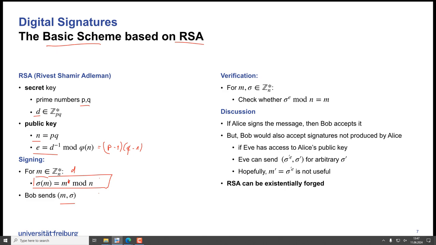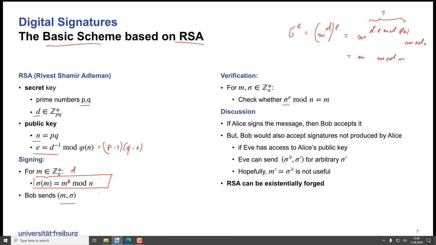For verification we compute sigma to the e, and sigma to the e is the message to the d to the power of e, which is m to the d times e modulo phi of n, and this is modulo n. And we made this to be 1, and so we get the message back. And if the message was smaller than n, then this is unique, and basically it says that this should work.